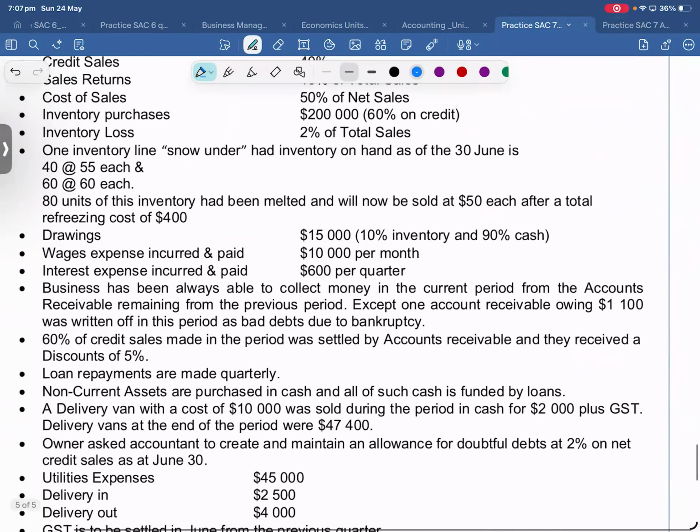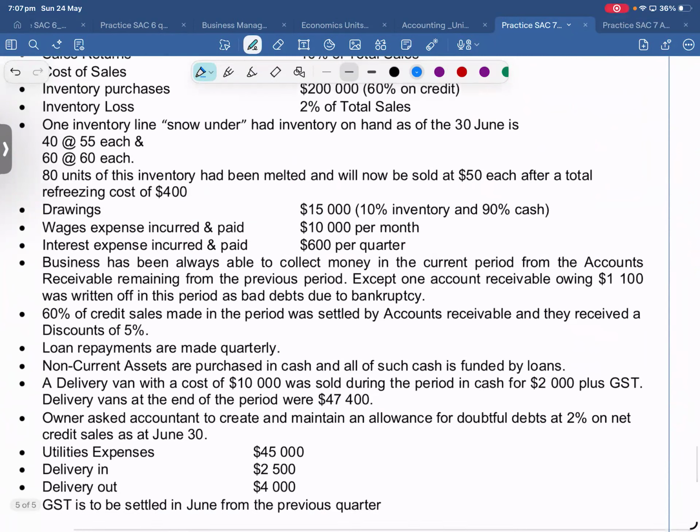This one, guys: the business has been able to collect money in the current period from accounts receivable remaining from the previous period, except one account receivable owing 1,100 was written off in this period as bad debts. So then what do we do, guys?